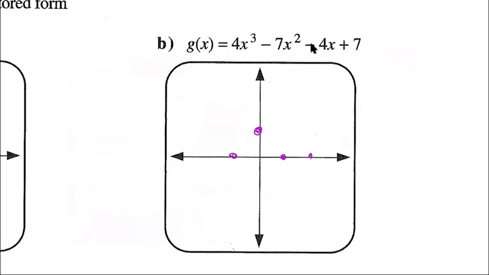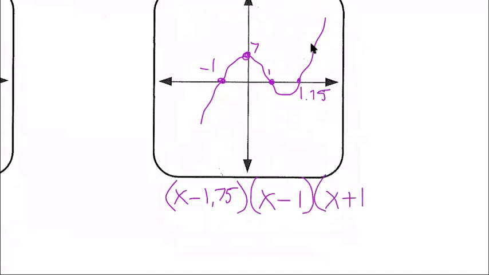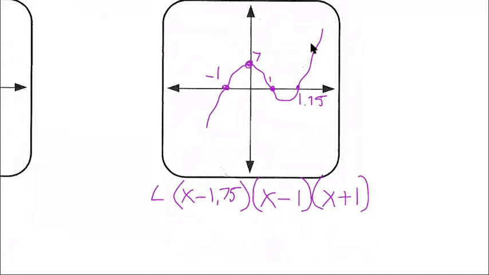This is not to scale. There. Done. This was negative 1. This was 7. This was positive 1. This was 1.75. And then in factored form, our factors are x minus 1.75, x minus 1, x plus 1, with this 4 out in front.